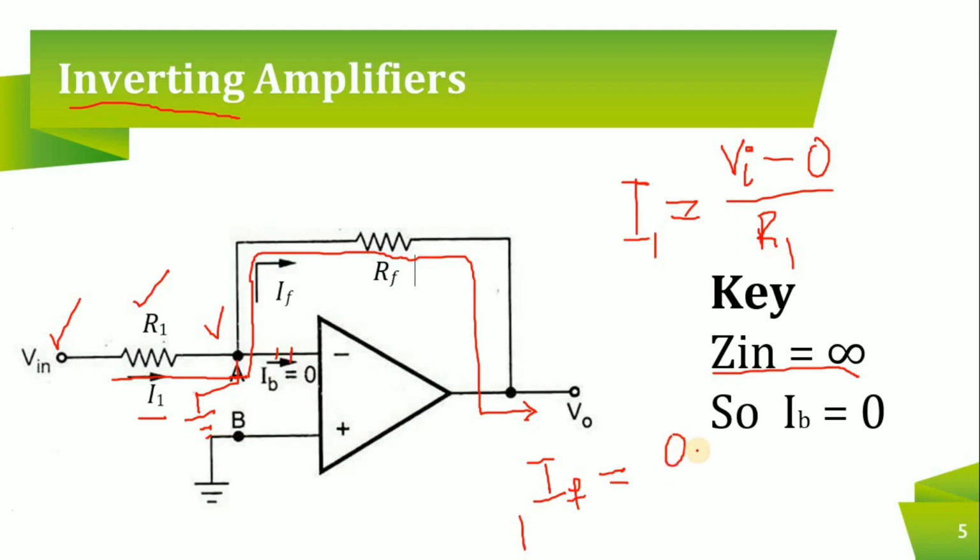So 0 minus the output voltage, which is V0, divided by RF, the resistance through which the current IF is flowing. So now these are the equations for I1 and IF. I1 is Vin by R1, and IF is minus V0 by RF.